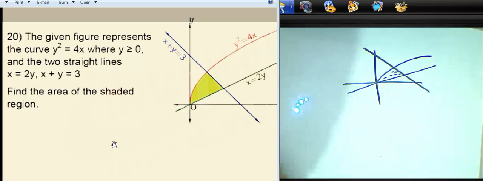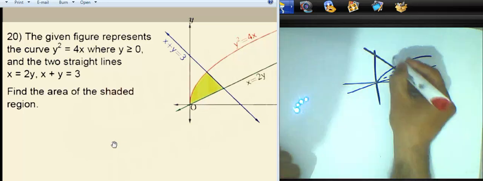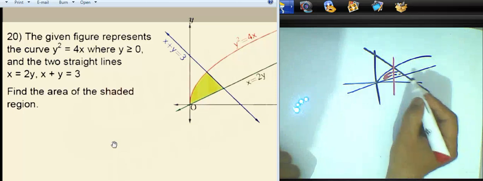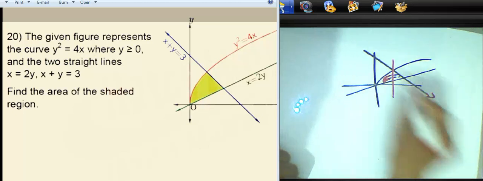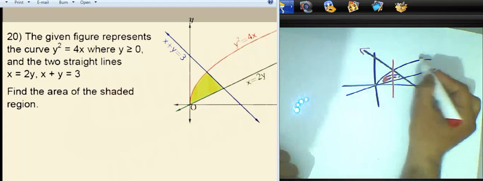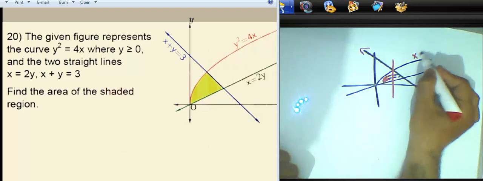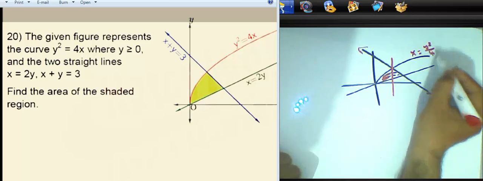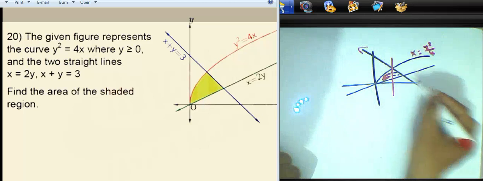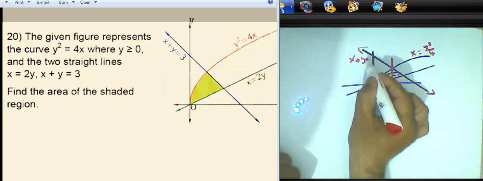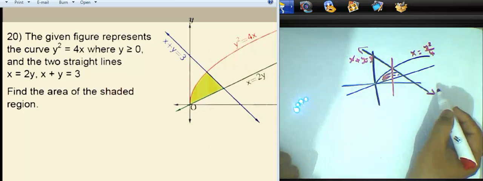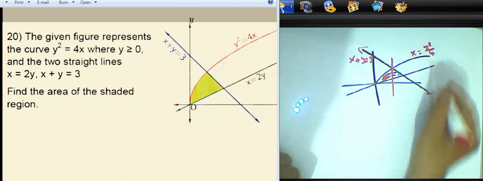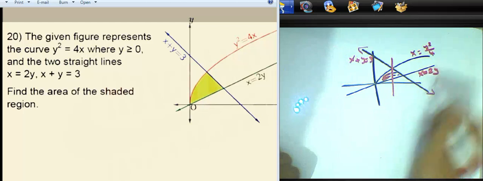We can find the area of this part by dividing it into this part and this part. So we must find the intersection between the curve y squared equals 4x, so x equals y squared divided by 4, and the line x plus y equals 3, and the line x equals y over 2 here.